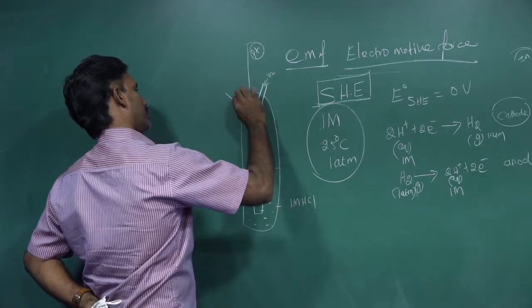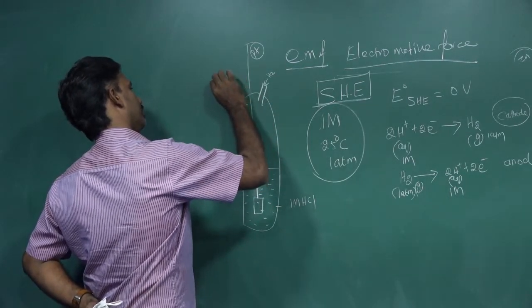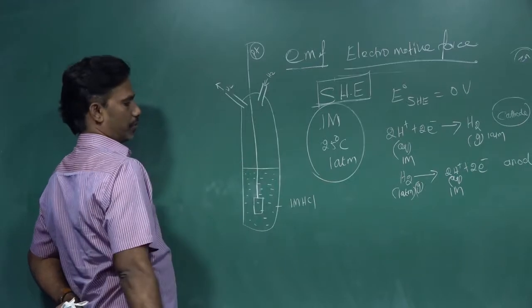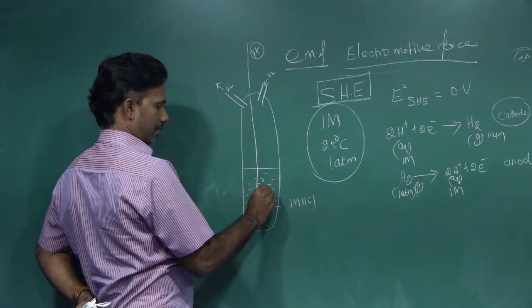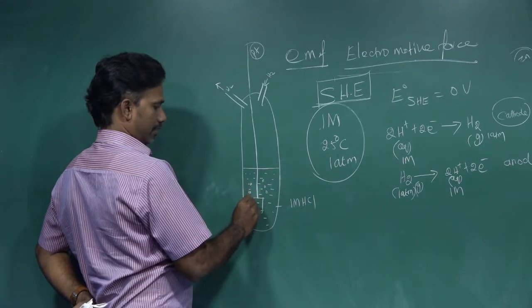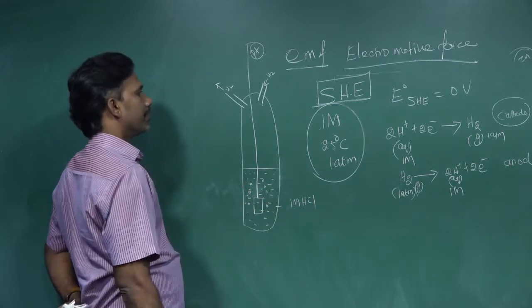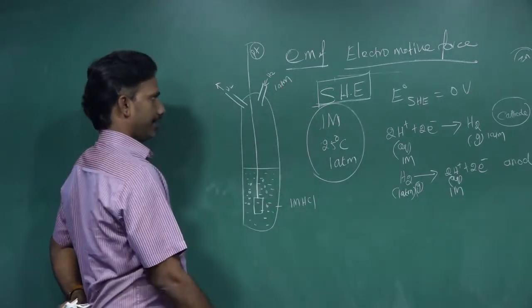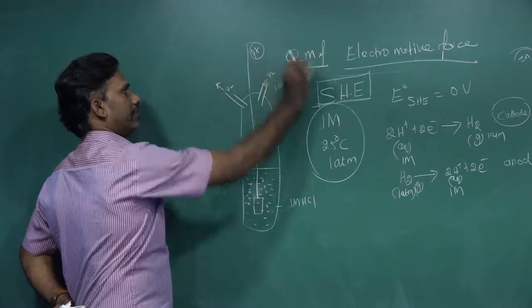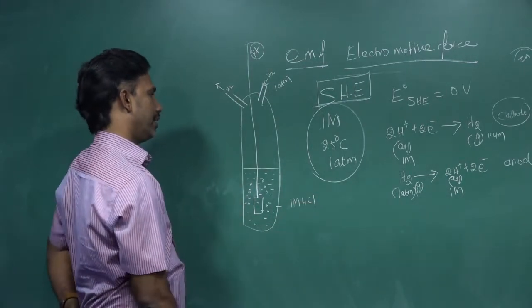This side H2 outlet. H2 in and H2 out. And at H2 in, bubbles are created. This is hydrogen gas. Bubbles will come. So that is 1 atmospheric pressure. Okay. This is the setup of the SHE, standard hydrogen electrode.